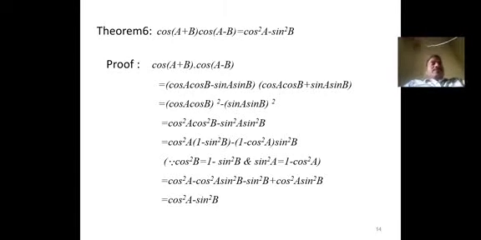So cos square A minus sin square B or cos square B minus sin square A. But the previous one, sin of A plus B into sin of A minus B, is sin square A minus sin square B or cos square B minus cos square A. But here, cos of A plus B into cos of A minus B is cos square A minus sin square B or cos square B minus sin square A.